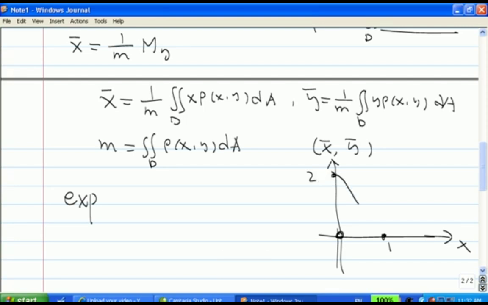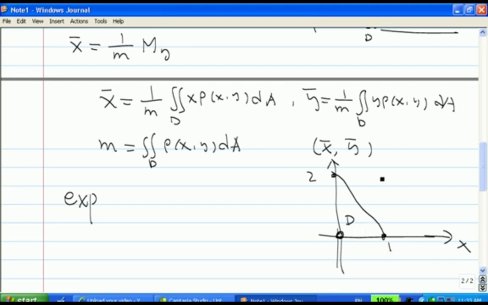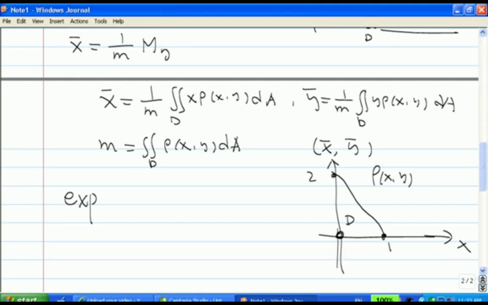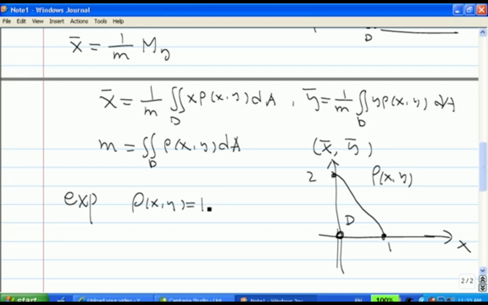This is our D. I give you a plate, and we want to find the mass and the center of the mass of this plate. The density function they gave us is rho of x y equal to 1 plus 3x plus y.